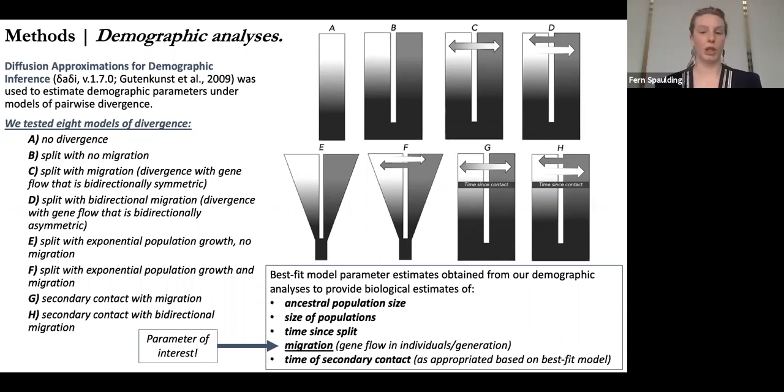The best fit model parameter estimates obtained from our demographic analysis in dadi were used to provide biological estimates of ancestral population size, size of populations, time since split, migration, as well as time of secondary contact if it was appropriate for the model. And again, our parameter of interest is migration.